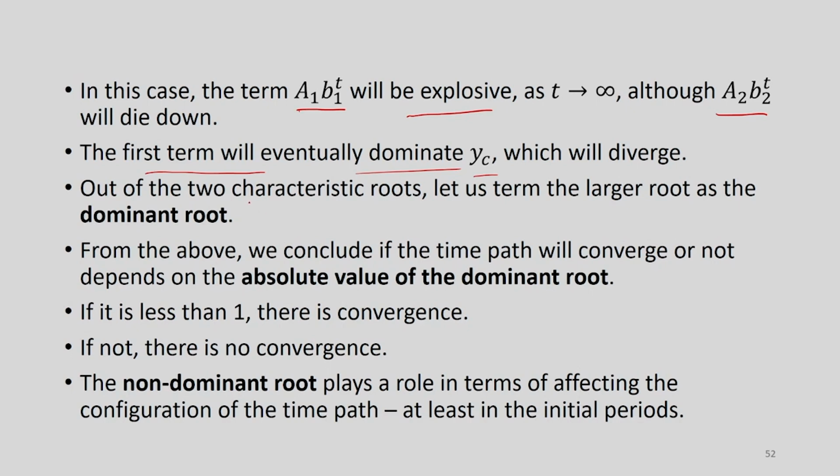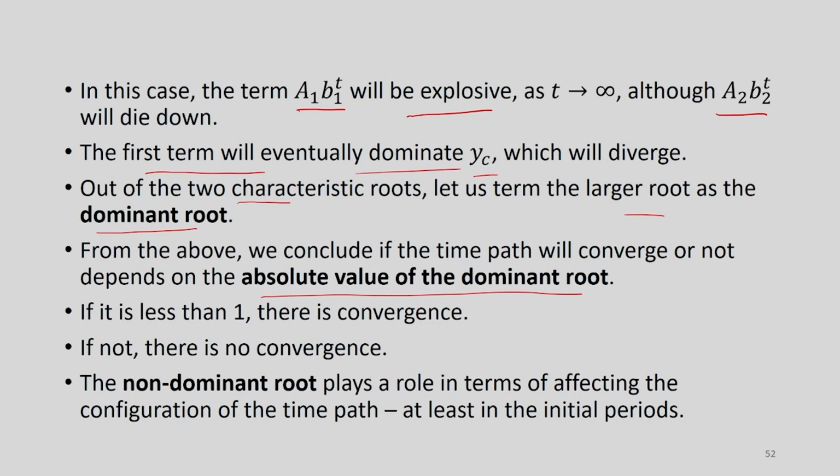Now, out of these two characteristic roots, let us call the larger root the dominant root. So from the above, what we can conclude is this: whether the time path will diverge or converge depends on the absolute value of the dominant root.